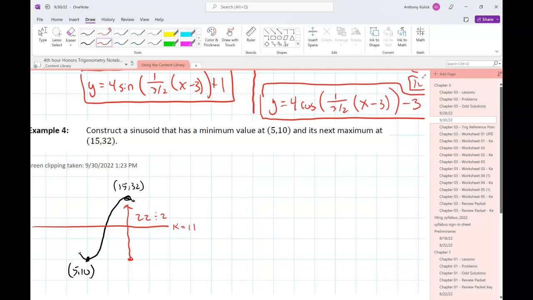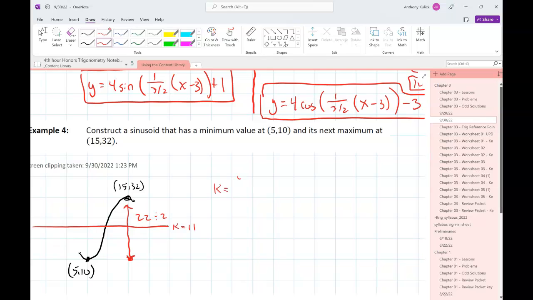Well, there's 22 units between 10 and 32, so half of that is 11. Everybody's okay with that? We just went halfway in between 32 and 10.